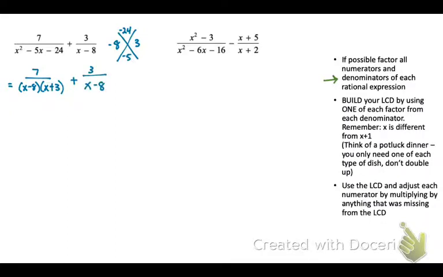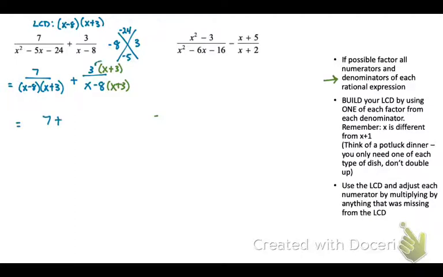All right, now hopefully you're getting good at building that common denominator. So I need both of the factors from the rational on the left, and x minus 8 from the rational on the right is already a part of my common denominator, so I don't need to add anything else. But I do need to multiply that expression on the right by what was missing, x plus 3. So now you know what to do.